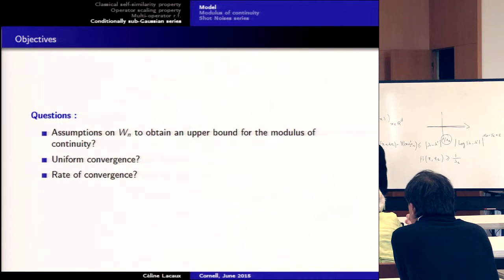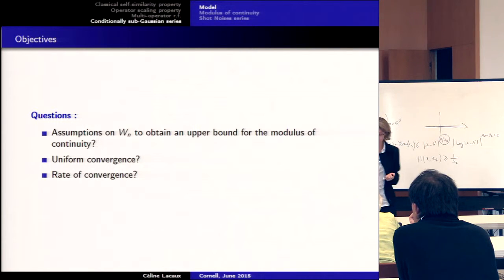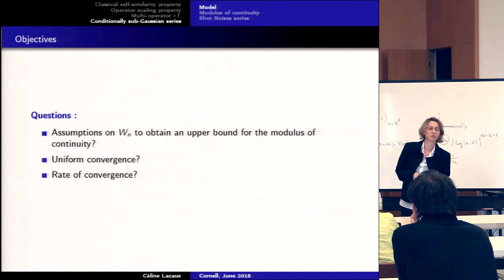The second one is whether there is uniform convergence, since I know that my process will be continuous. It is a natural question. And the last one is what is the rate of convergence. I cannot speak today of the three points, but we have answered the three points.